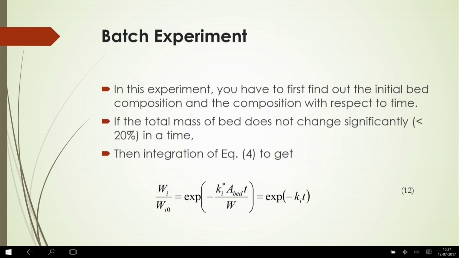Now, as per the batch experiment, you first have to find out the initial bed composition and the composition with respect to time.